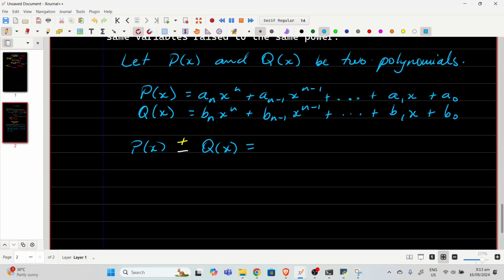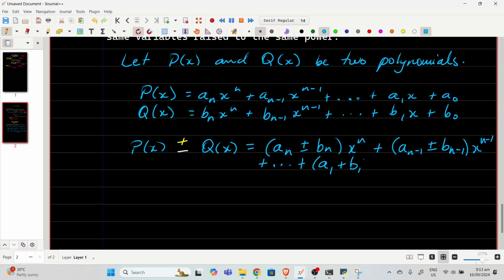We're going to have a_n plus or minus b_n, times x to the power of n, plus a_(n-1) plus or minus b_(n-1) x^(n-1), plus dot dot dot plus a_1 plus or minus b_1, and then x, plus a_0 plus or minus b_0.